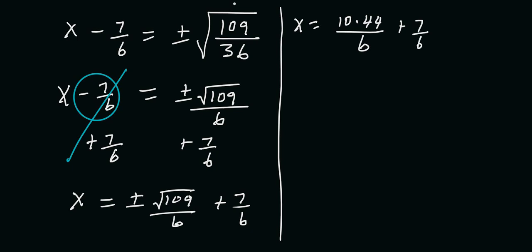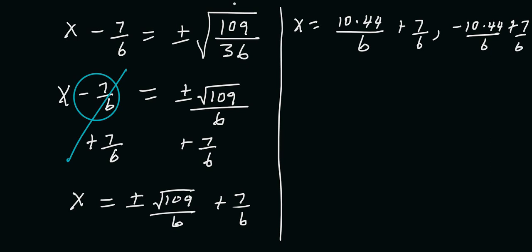And also considering the negative side, this will be negative 10.44 over 6 plus 7 over 6. Now we have a common denominator of 6.